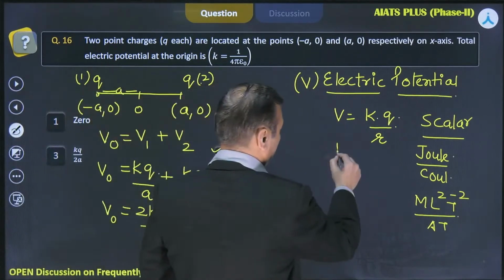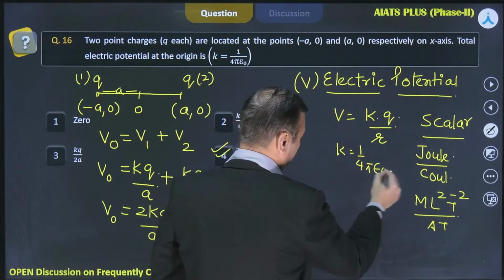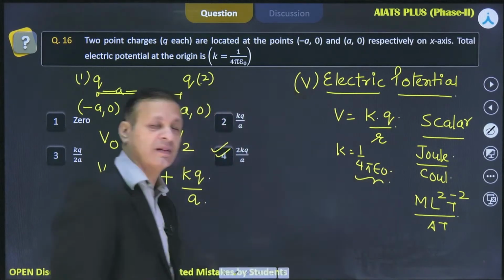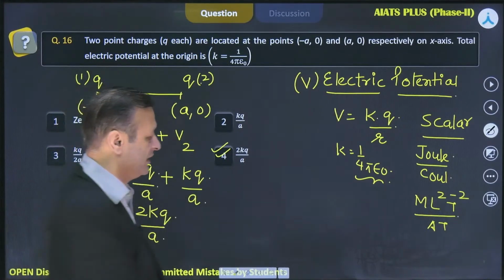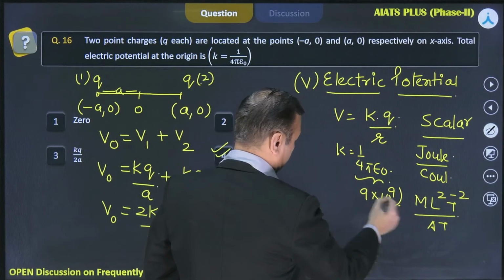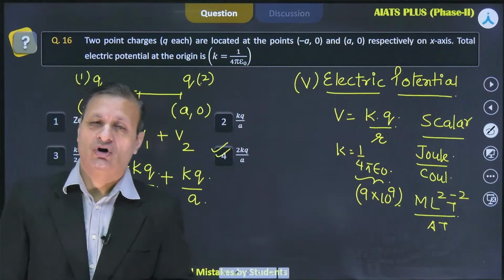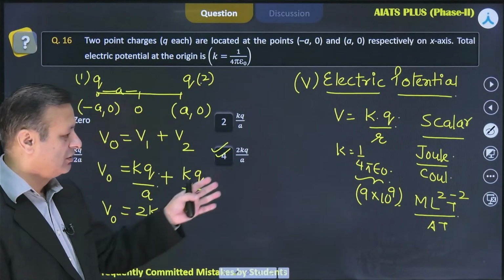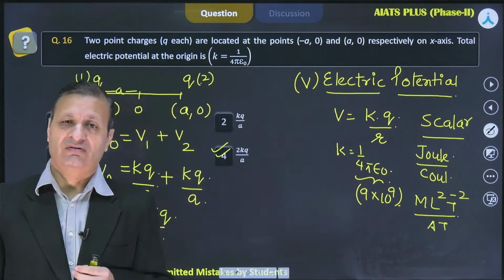If I write down k as 1 by 4 pi epsilon naught, everyone understands this part. This is a constant of proportionality, and numerically this k is 9 into 10 raised to power 9. So we can calculate the numerical value of potential also if these two charges are given to us in numerical values.